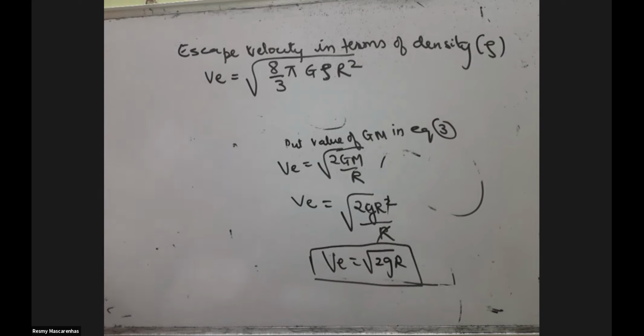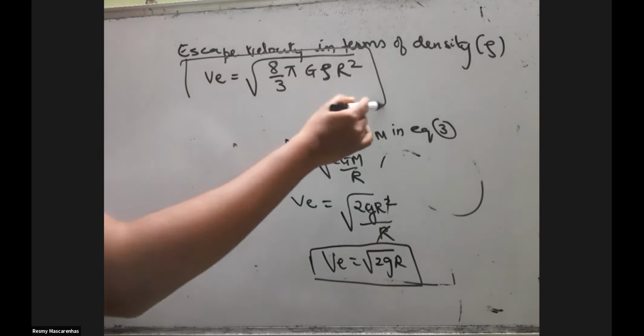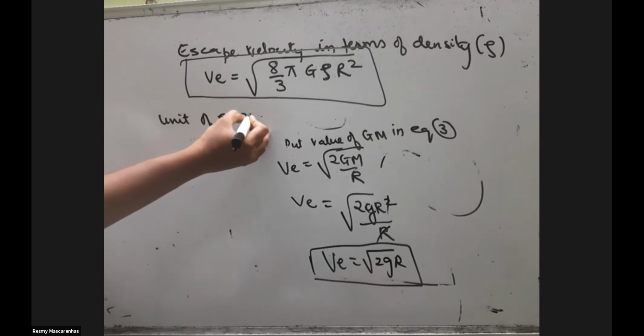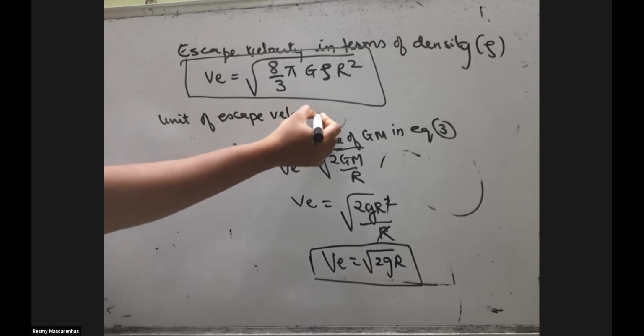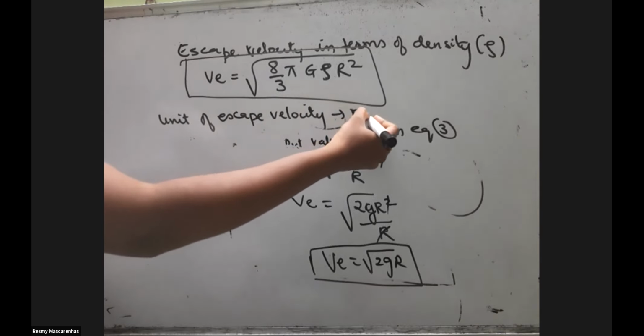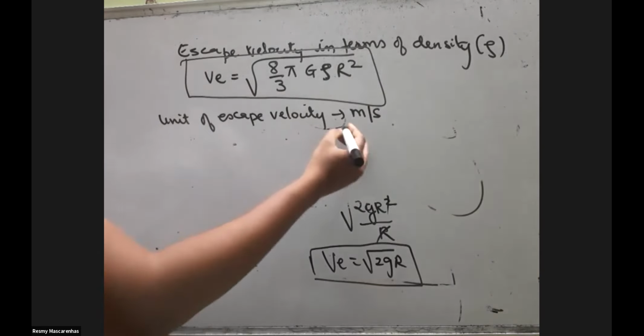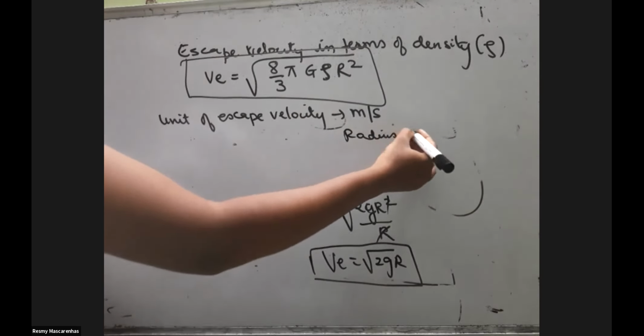So there are three ways you can write escape velocity. The unit of escape velocity is meter per second, and in that case you have to use the radius in meters.